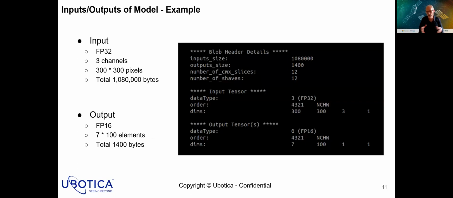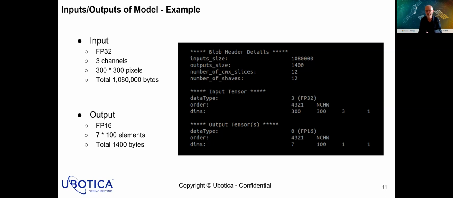So when you actually go and do inference on the AI processor, this is a description, in one particular example, of what the input and output look like. First of all, you have the size of the input tensor to the model: 108 kilobytes, and then your output size of 1400 bytes.